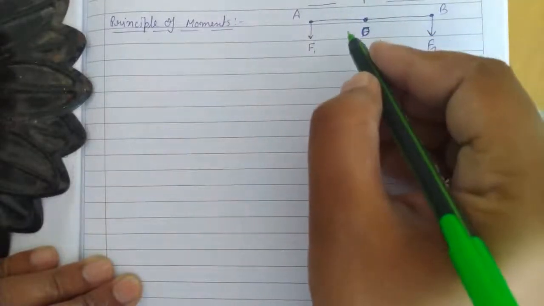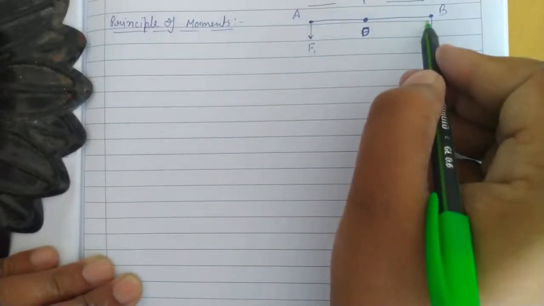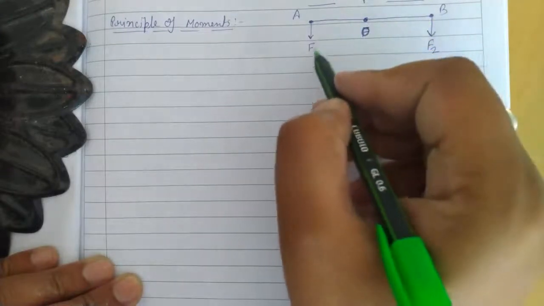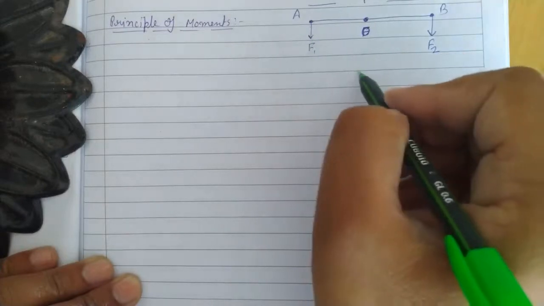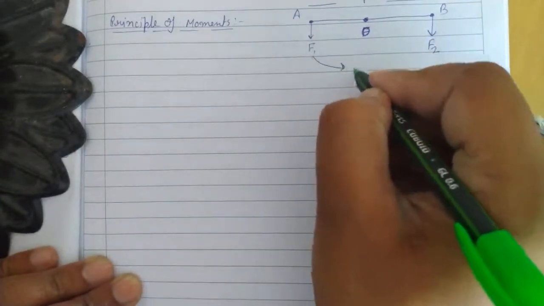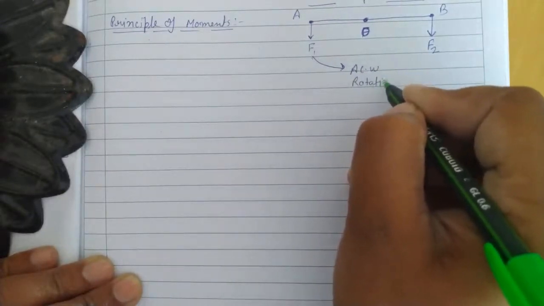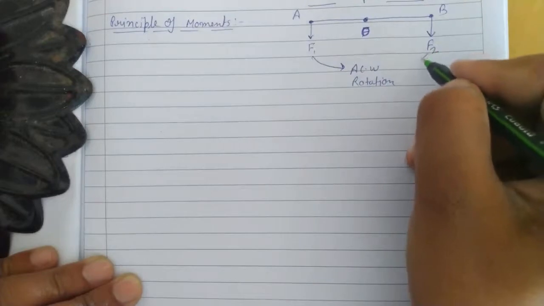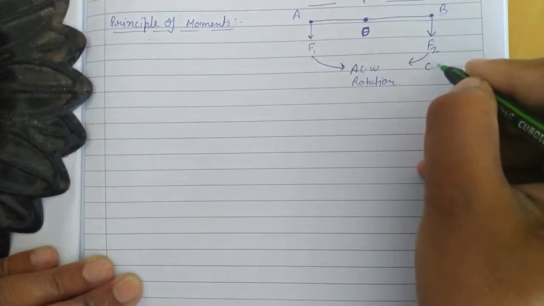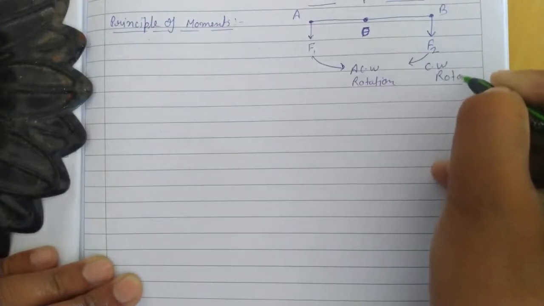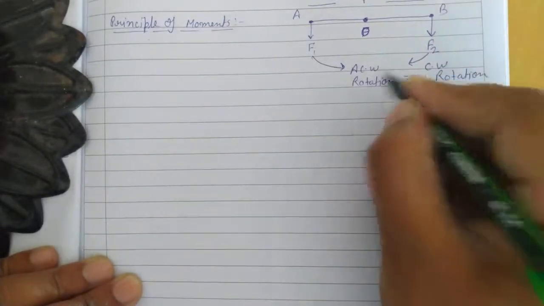Therefore we say that the rod is in equilibrium when the force F1, which produces anti-clockwise rotation, and force F2, which produces clockwise rotation, are equal to each other.